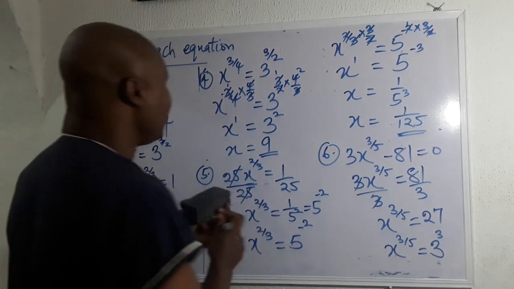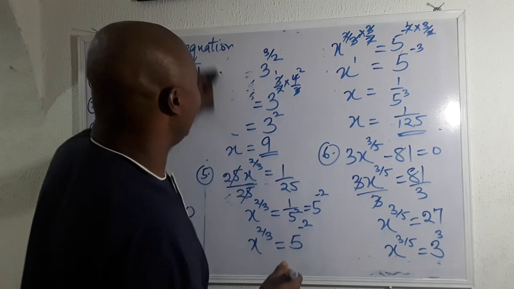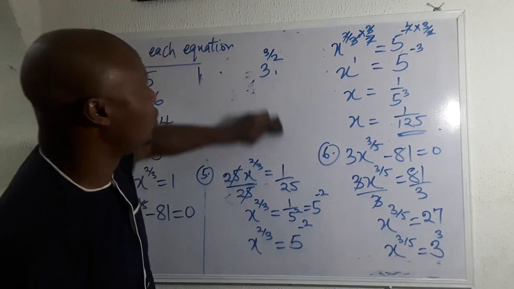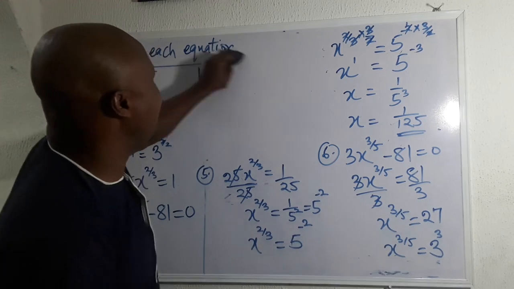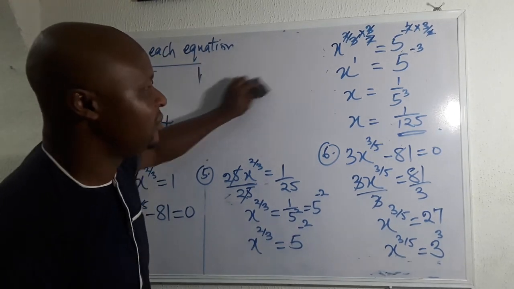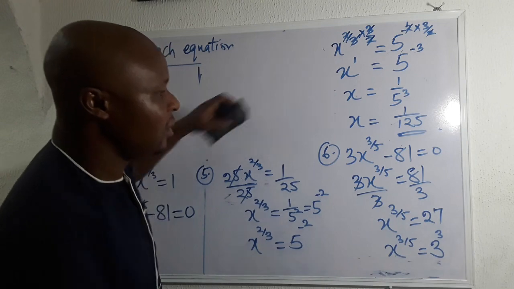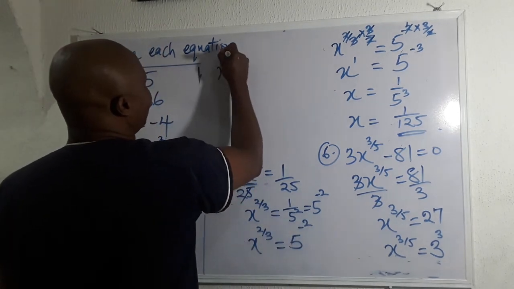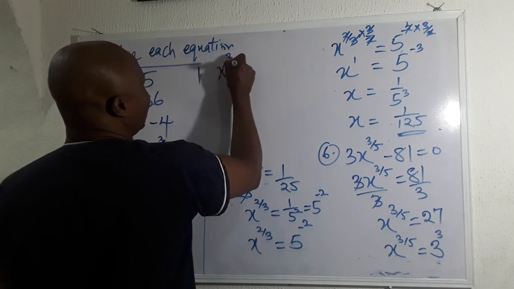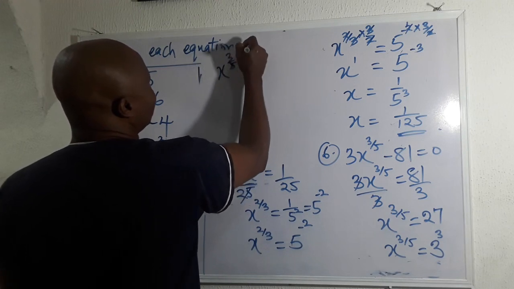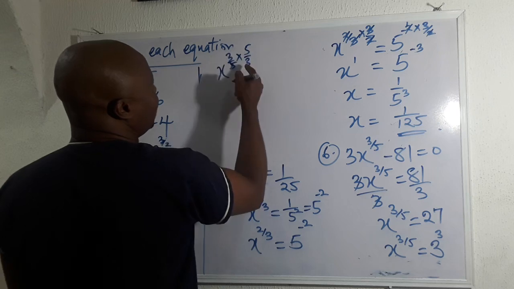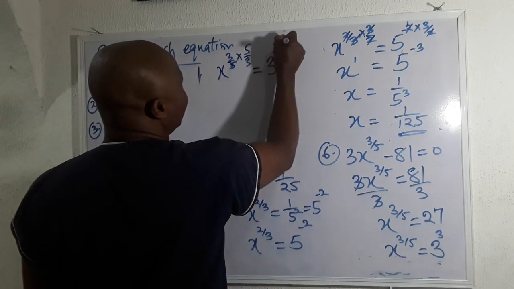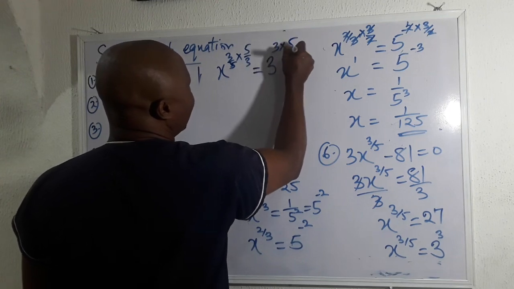So now if you look, the variable has a power of 3 over 5. So we multiply the powers on both sides by the reciprocal. So that will be x raised to power 3 over 5 times 5 over 3 is equal to 3 raised to power 3 times 5 over 3.